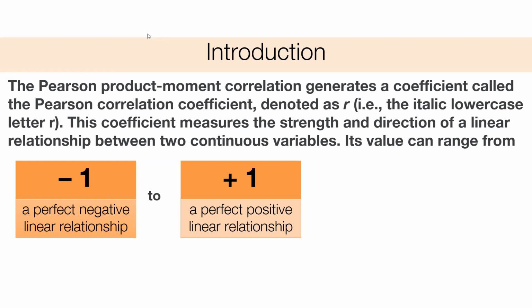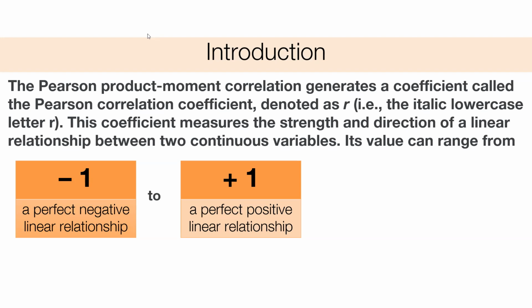For example, let's talk about speed and time. The speed of the car and the time for you to reach your destination, assuming that there's no traffic. If your speed becomes faster, then the time for you to arrive to your house becomes smaller, right?